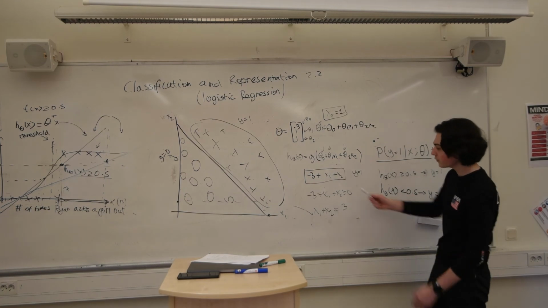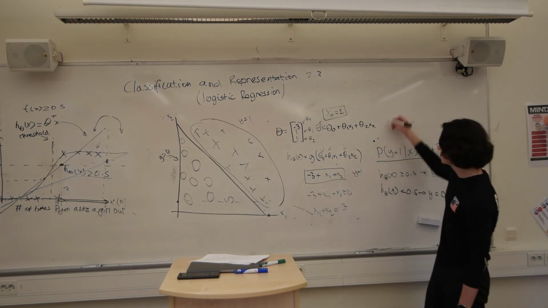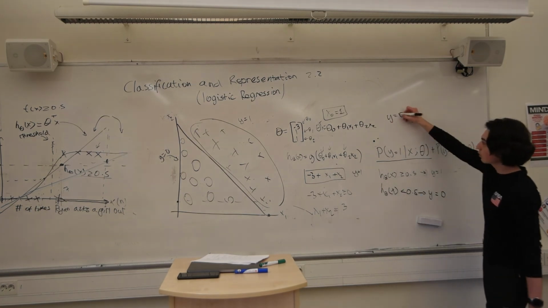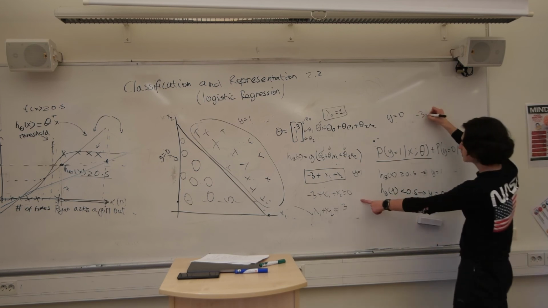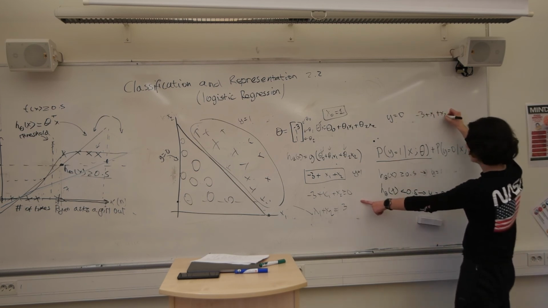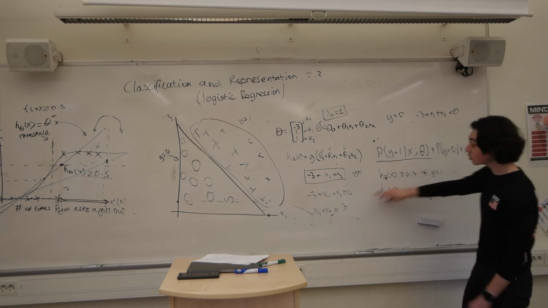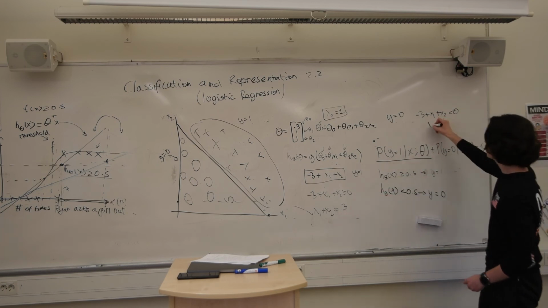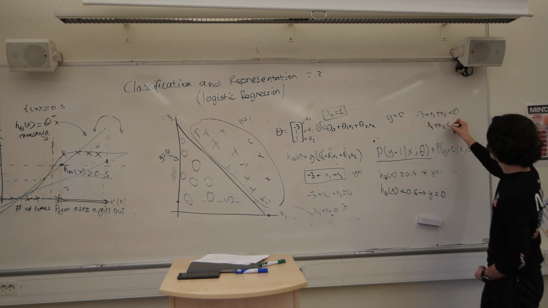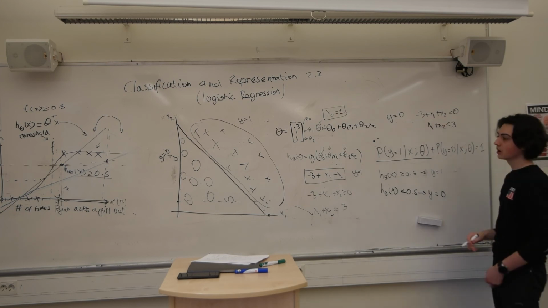Now, what if we want to predict that y is equal to 0? Well, if y is equal to 0, we're going to predict the opposite. We're going to say that minus 3 plus x1 plus x2 is less than 0. If we solve it again, we're still going to plot this line, but notice that x1 plus x2 is less than 3.